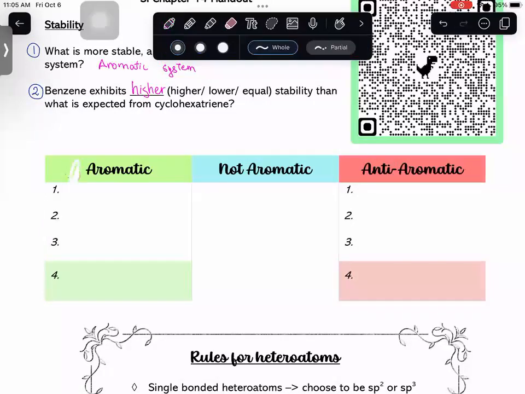Let me redraw this. Okay, that's the order of stability. We want to have something that's aromatic, then something that's non-aromatic, and last one is going to be something that's anti-aromatic. That's really unstable.